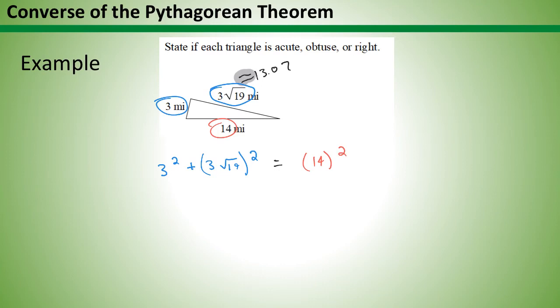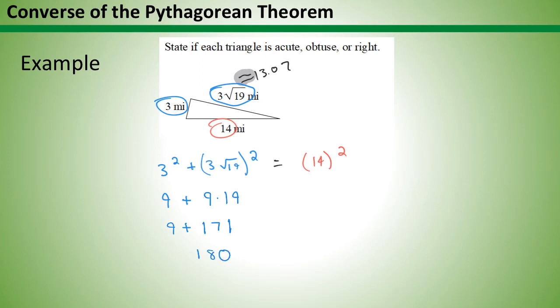Okay, so 3 squared is 9, plus 3 root 19 squared. When I square this 3, I get 9 times 19, and then that's going to become 9 plus 9 times 19, which is 171. If I add those together, I get 180.